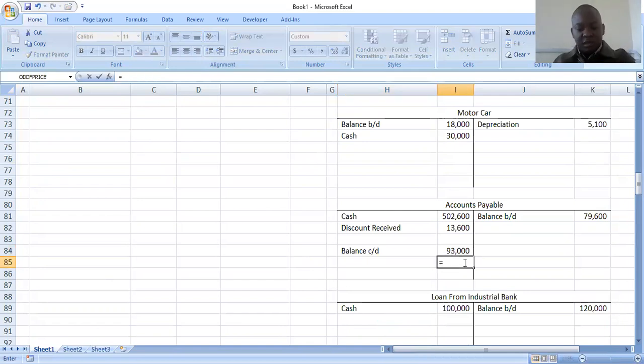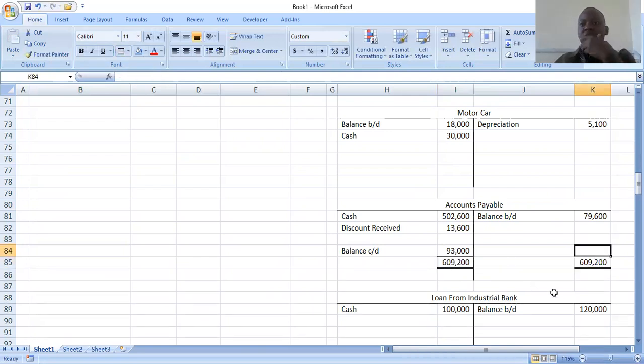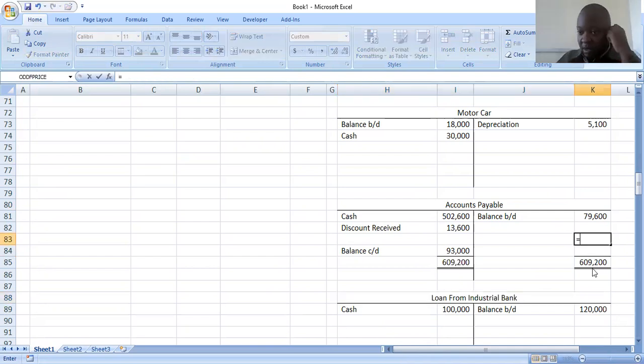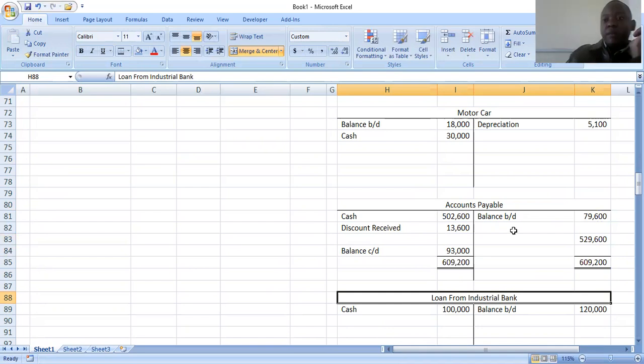So the totals of the two sides of the account should be the heavier total. In this case, for the accounts payable, it should be 609,200 on both sides. It shows that the credit side of the accounts payable is less. The difference is 609,200 minus 79,600, which shows that the accounts payable increased.